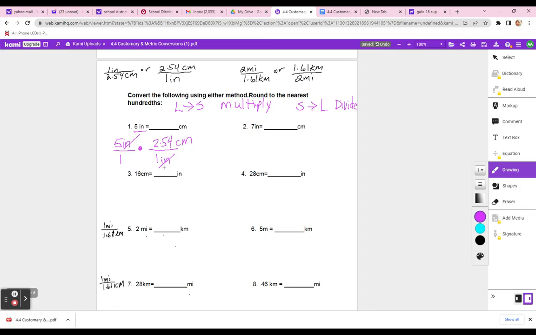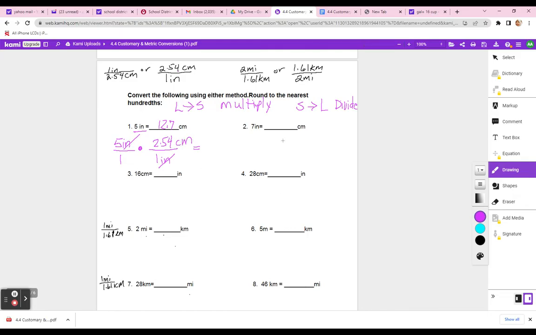They will factor out or cancel out. And now what you have is 5 times 2.54 centimeters. And we'll multiply that. And we should get 12.7 centimeters.